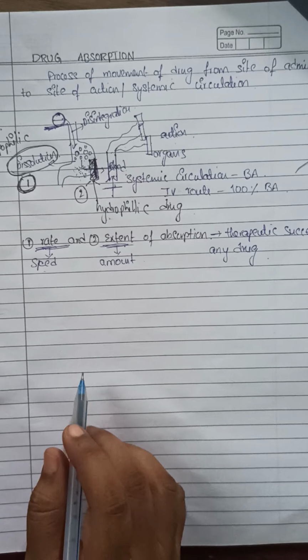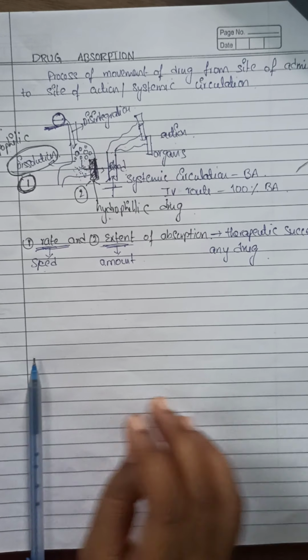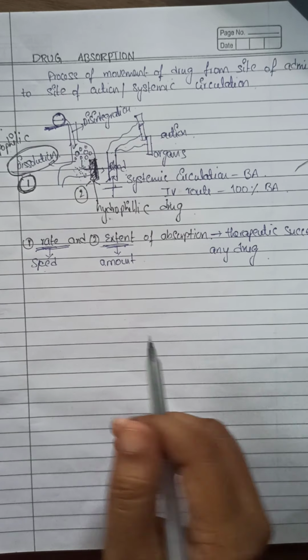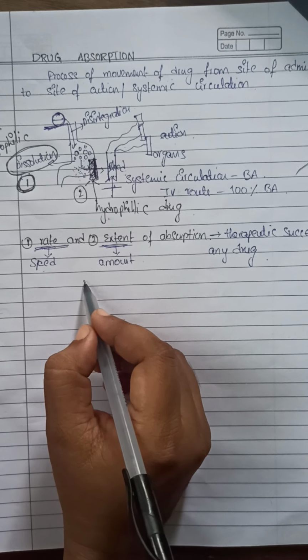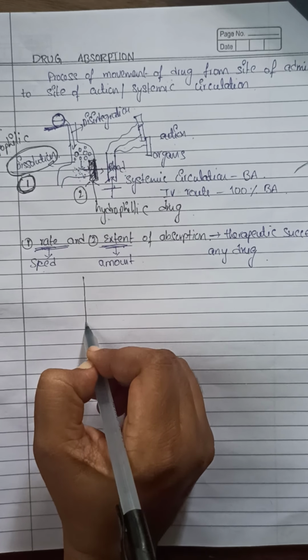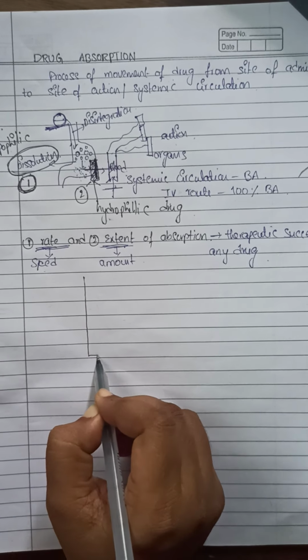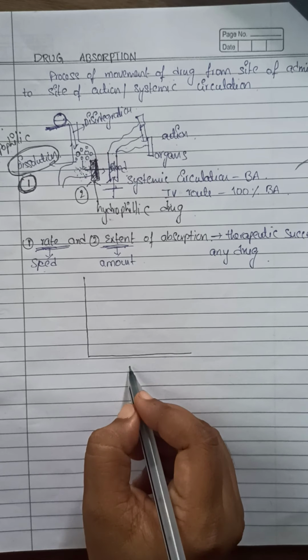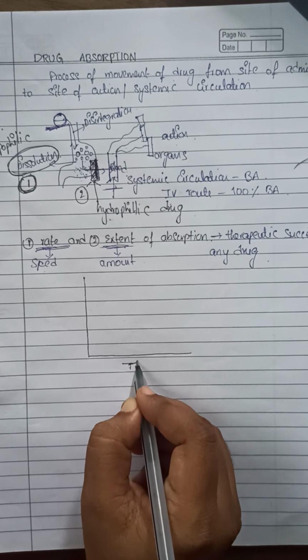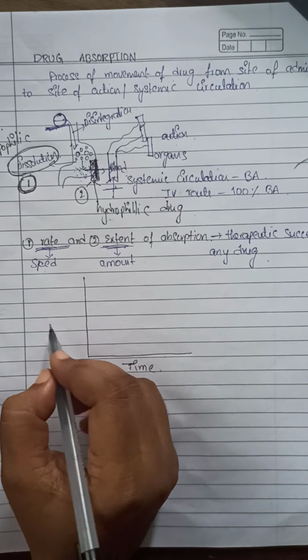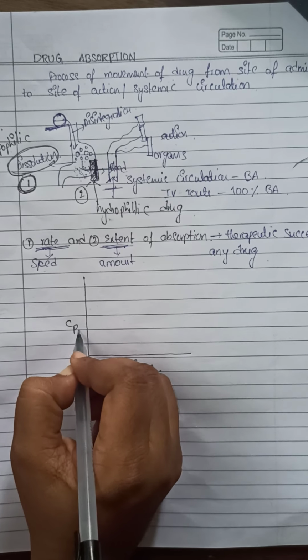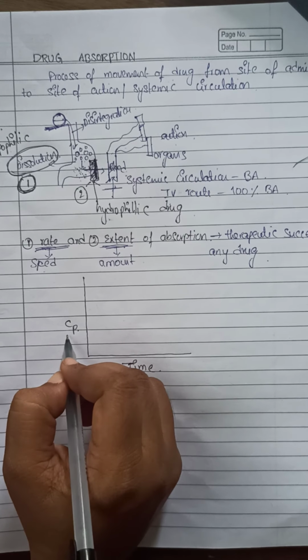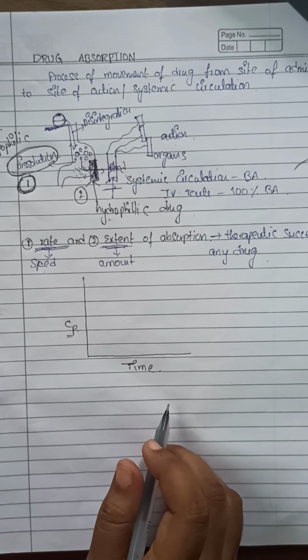The significance of these two factors can be explained from the time versus plasma concentration graph. We already know that after administration of the drug, at specific intervals of time we collect the blood sample and examine the amount or concentration of the drug in plasma.